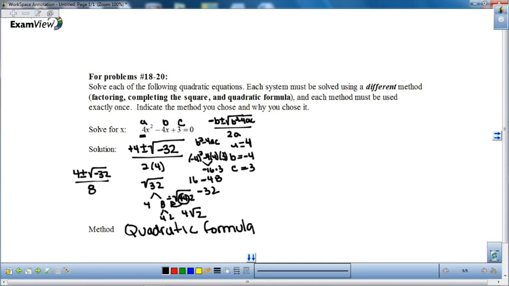So I'm going to have 4 plus or minus 4i square root of 2 over 8. And I can separate this into two individual fractions. So I'm going to have 1/2 plus or minus i square root of 2 over 2.